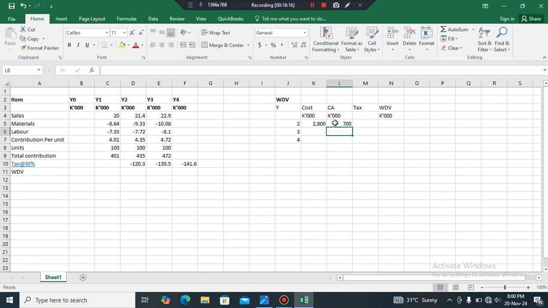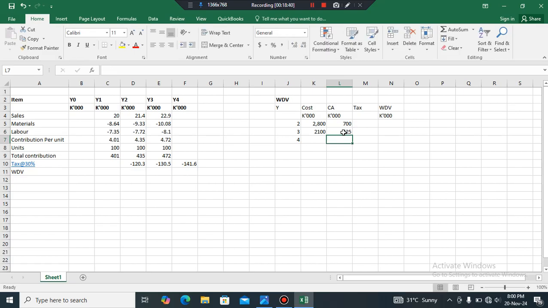So let's write it down before we look at the tax. So now we say 2,800, right, minus 700, it's going to give us 2,100. And then this 2,100 we multiplied by 0.25, right? For us to find the capital allowance, it's going to give us 525.